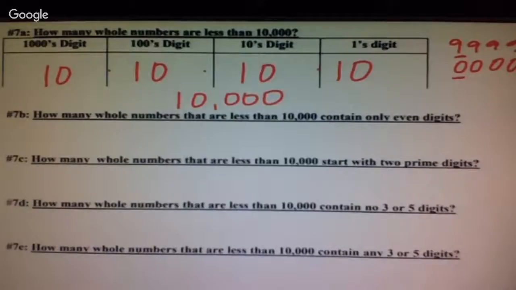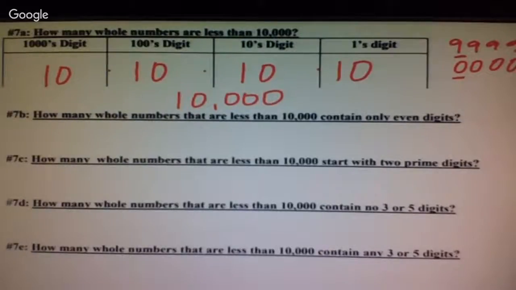You remember when we did the arithmetic sequences and I said if you went from 0 to 9, you actually had 10 options? 10,000, you're going from 0 to 9,999. So you add 1 to 9,999, you get 10,000.